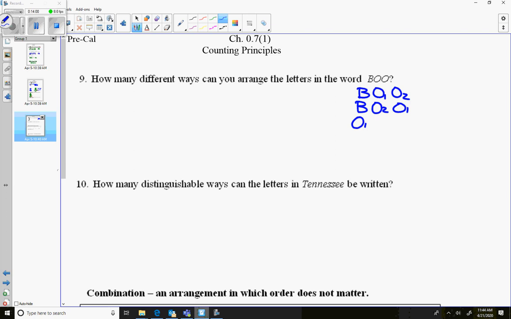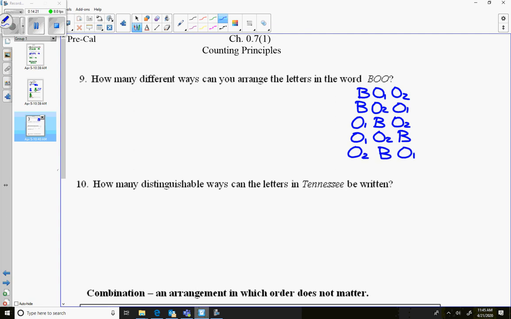What if our first O comes first? Now what are the options? Well, it could be B and then the second O, or I could have the second O and then the B. And those are all the options with that first O coming first. Now what about with the second O coming first?